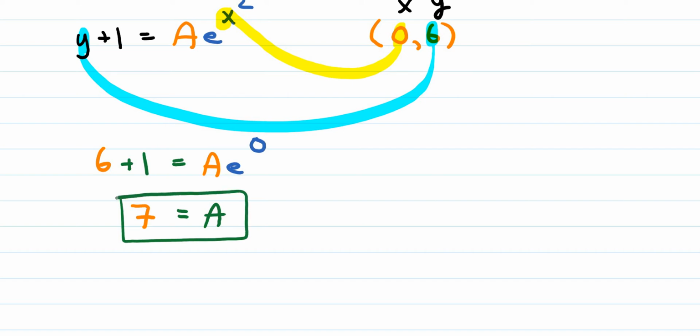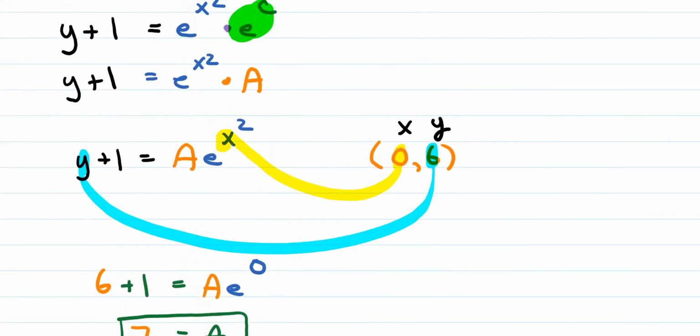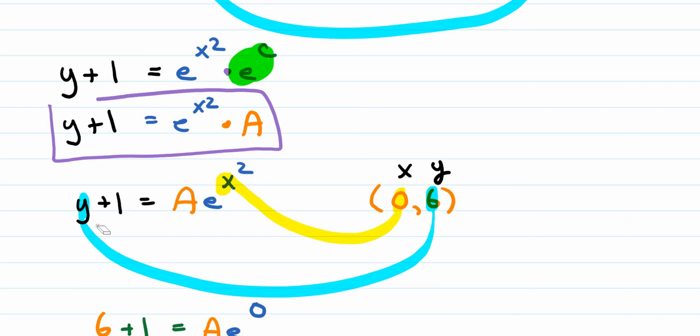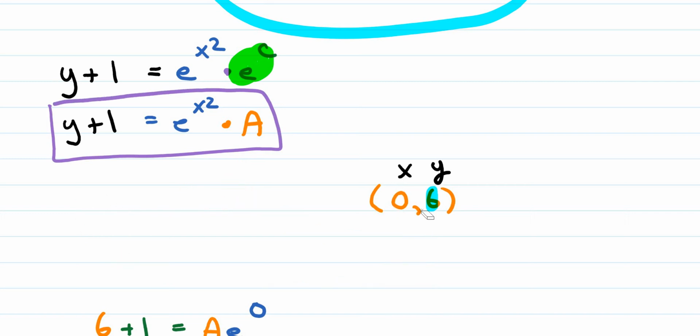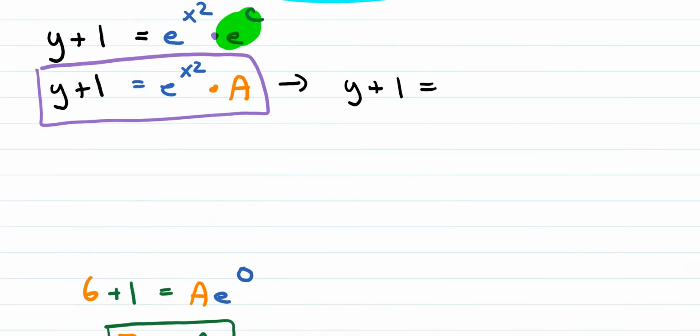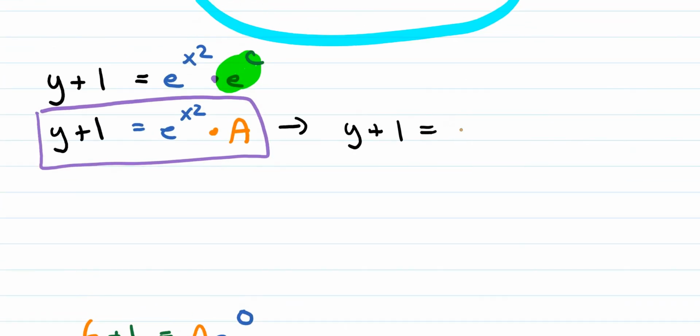Once we have that, I guess we can go back and update our problem here. Let me go back to this purple box here, and let me just erase all this. And let me just continue from this step right here. I have y plus 1 equals, remember a was 7, so I can have a 7 here.